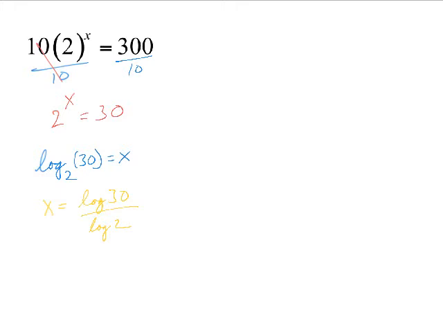There are also some other properties you can do with logs. I mean, it goes on forever, because just like exponents have properties, so do logs. For instance, let me go back a little bit, you could have written 30 as 3 times 10 inside the log, which in log terms you can make log base 2 of 3 plus log base 2 of 10.